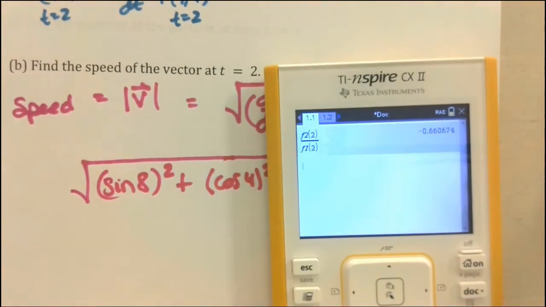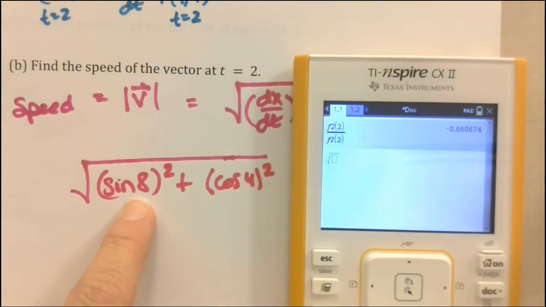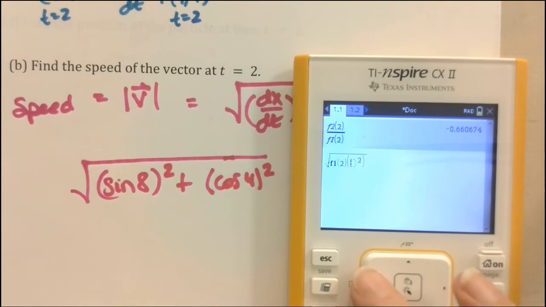I could also have done this in the calculator. If it was a more complicated function where you couldn't just easily plug in the time, we've got the functions in the calculator. And so I could have done the square root of f1 of 2 squared, actually, I probably need that in parentheses. Undo.